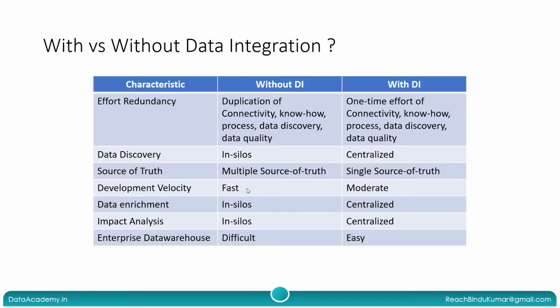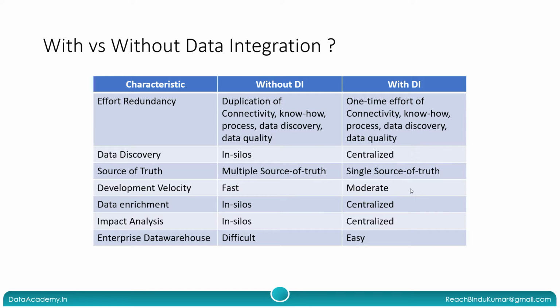Next is the velocity of development. So without data integration, the velocity of development is quite fast. Why? Because you are developing one system at a time, right? And you are probably dealing with, let's say, just 2 or 3 data sources from where you need to consume the data. So without a data integration project, the velocity of connecting to these different systems is quite fast.